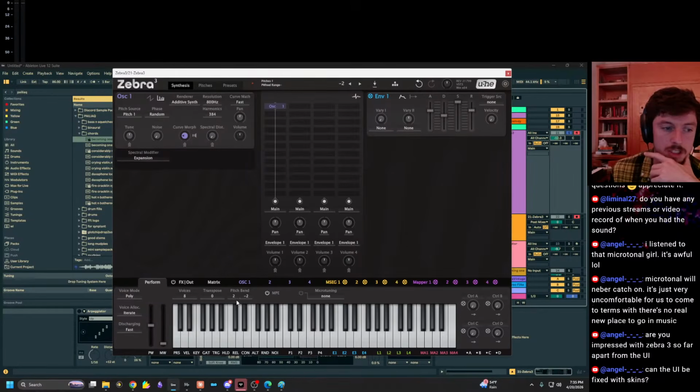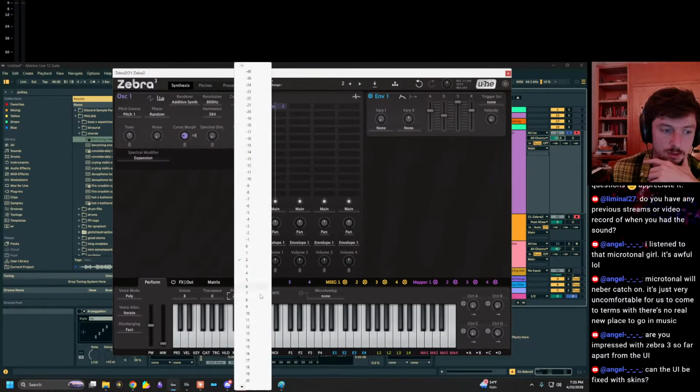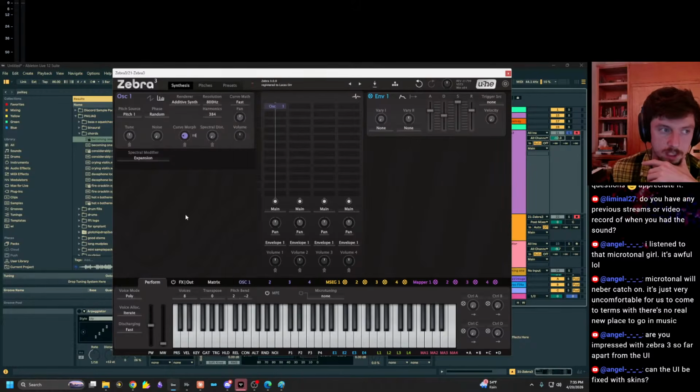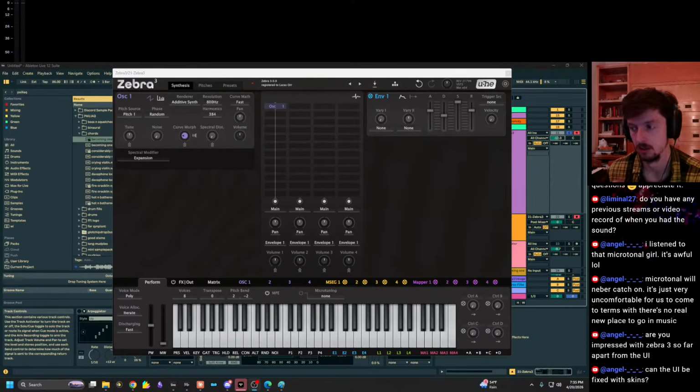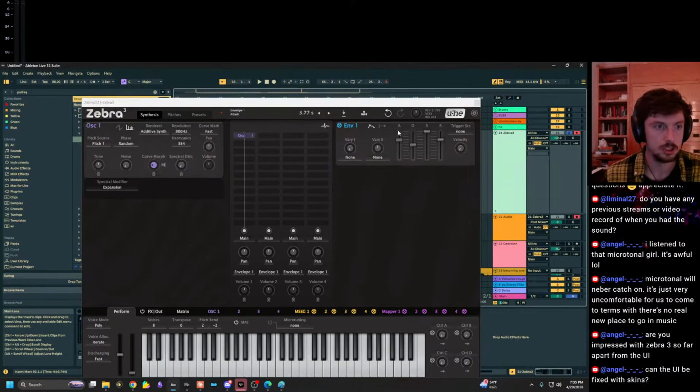Again, why does adjusting pitch bend open up this god-awful menu? There are so many different things that behave like that. It just slows you down needlessly. I don't really care that much about the aesthetics.